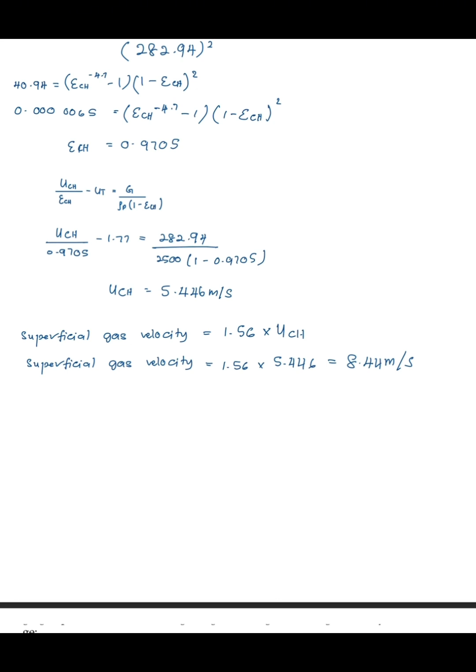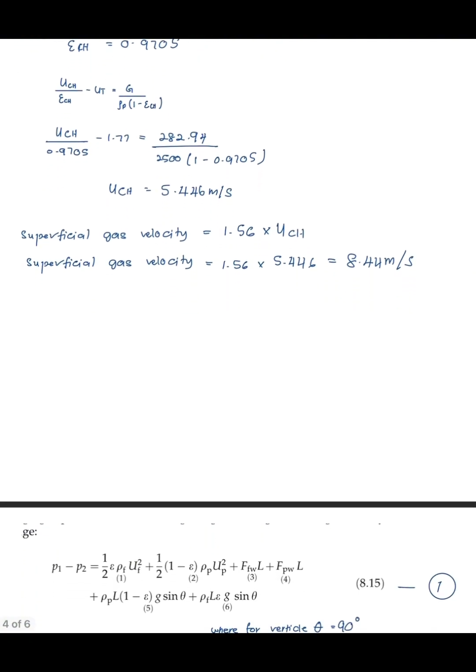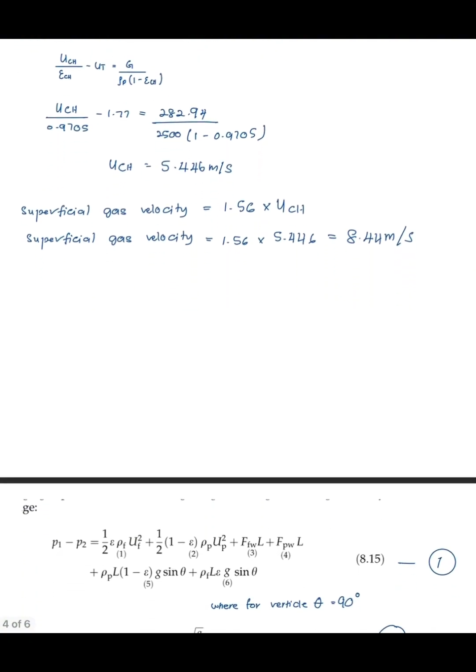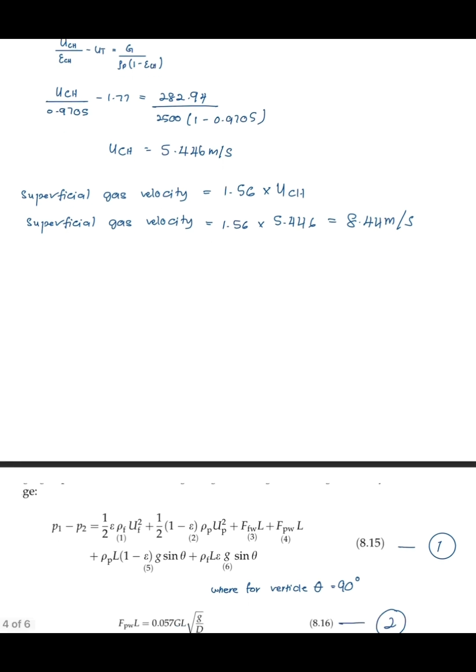To get the superficial gas velocity, we need to multiply the choking velocity by 1.56, which is the safety margin. Therefore, the superficial gas velocity is 8.44 meters per second.